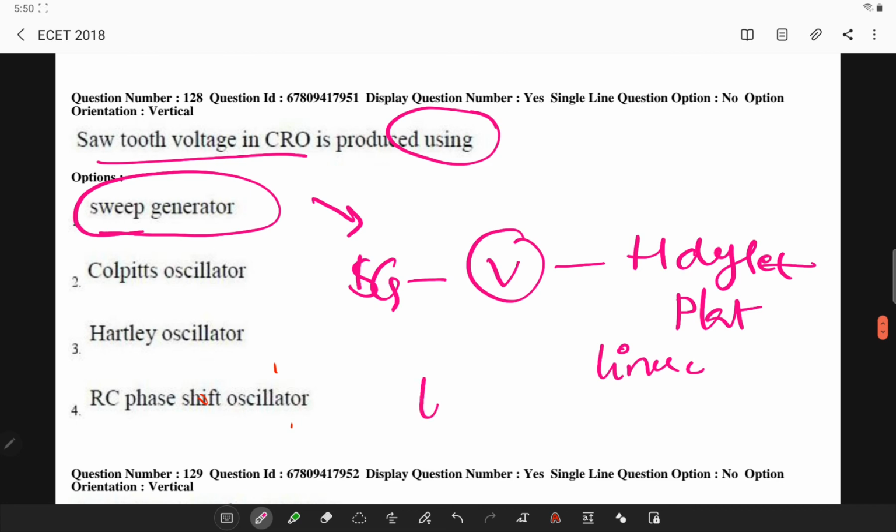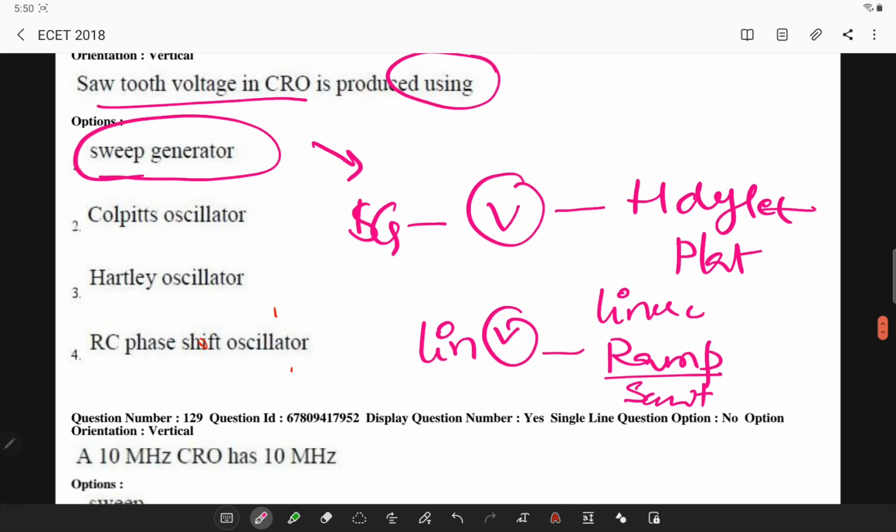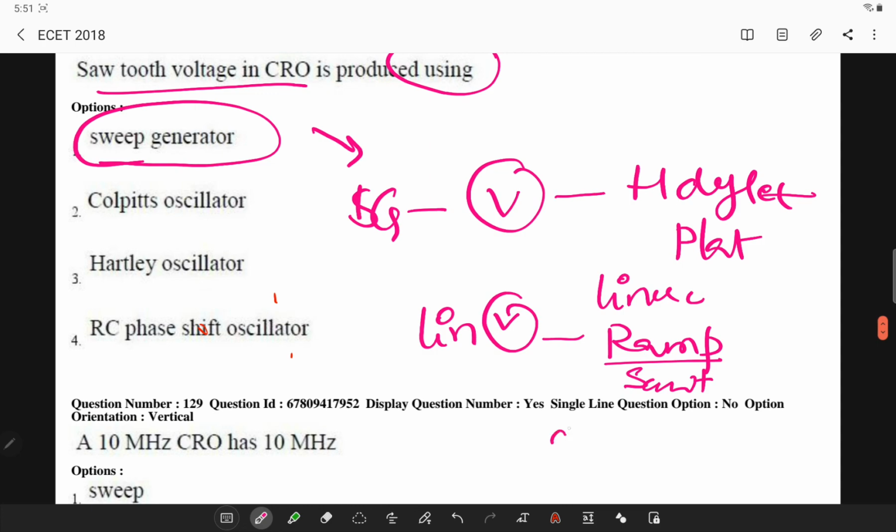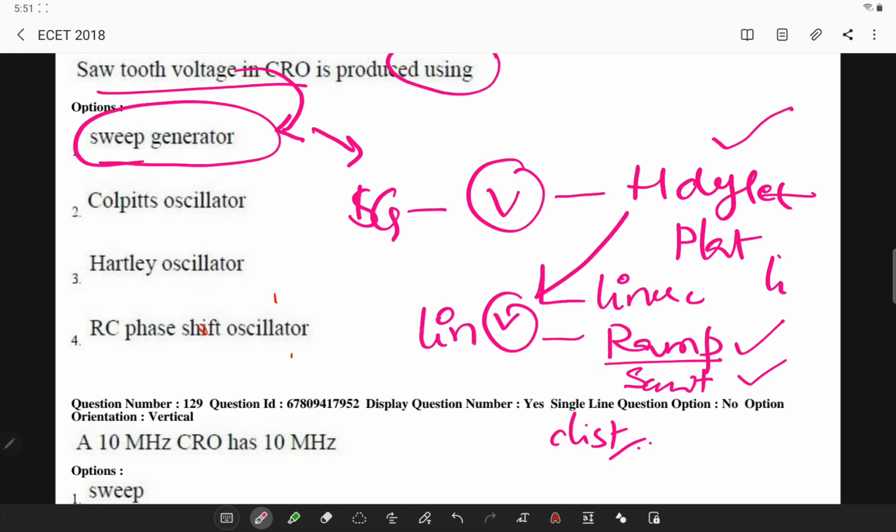This linearly increasing voltage is called a ramp voltage or sawtooth waveform, and it causes the beam to be deflected across the horizontal distance. So simply remember, the sawtooth waveform is generated by the sweep generator, the voltage at the horizontal deflection plates increases linearly with time, and it is also called a ramp waveform or sawtooth waveform.